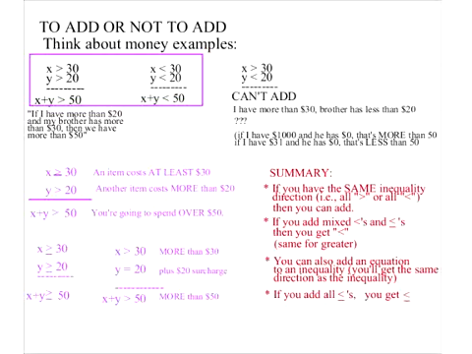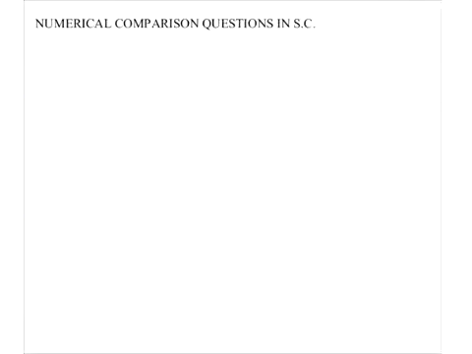All right, so let's take a look at one more of these, then we'll move on to sentence correction. Actually, let's move on to sentence correction. I think we get the point. Okay, so let's do the next topic, which is numerical comparison questions.